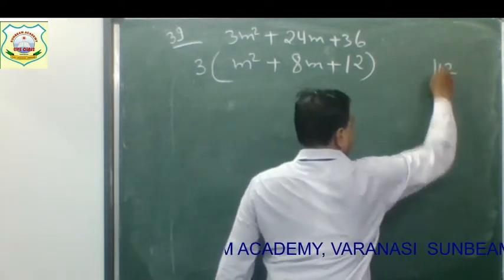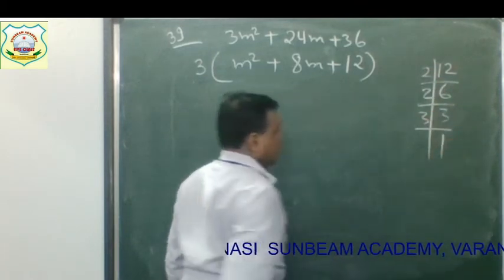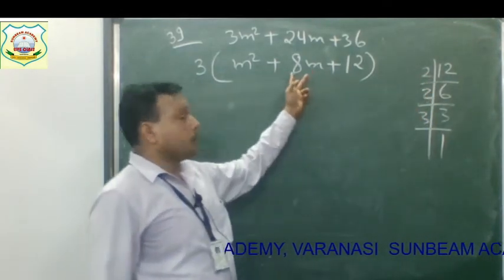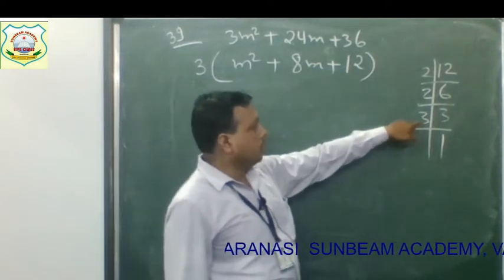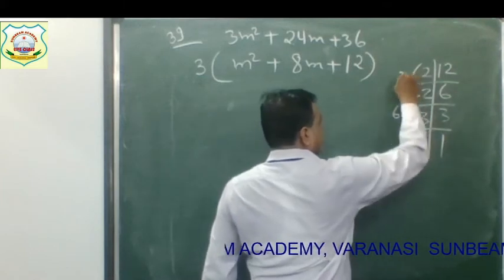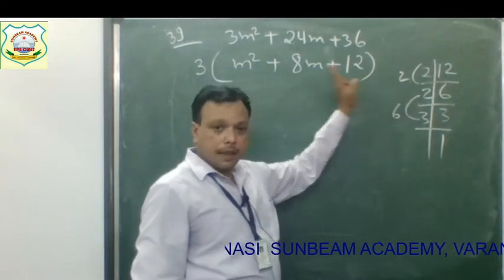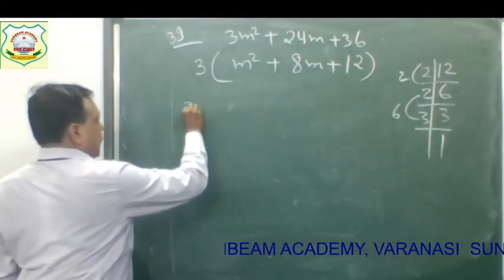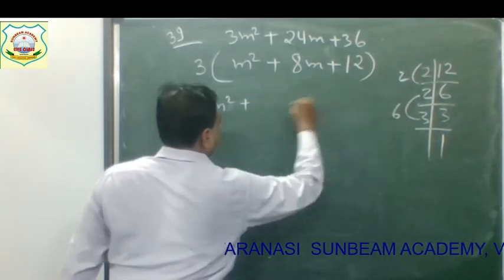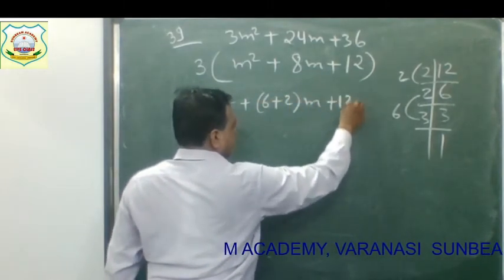For 12, we find the factors: 2 sixes are 12, 2 threes are 6, 3 fours are 12, but which to take, because we also want 8. So 6 and 2: 6 times 2 is 12 and 6 plus 2 is 8. Clear. So the two terms we get: m squared plus 8m becomes m squared plus 6m plus 2m plus 12.